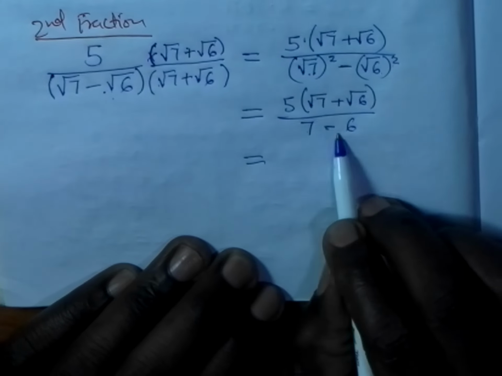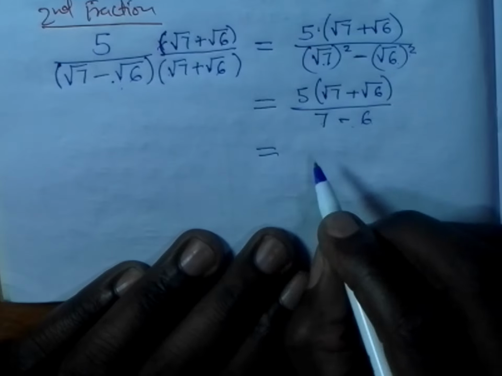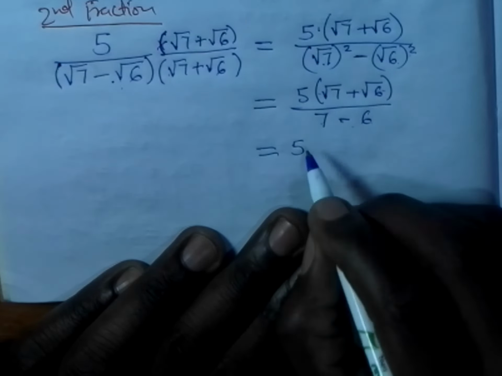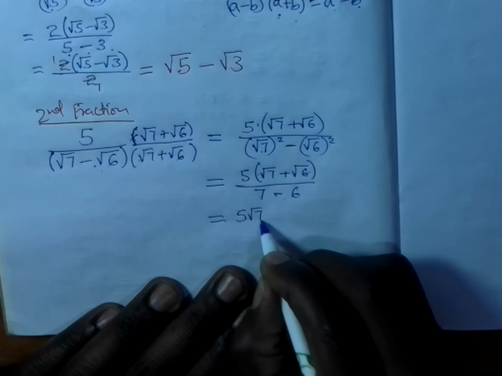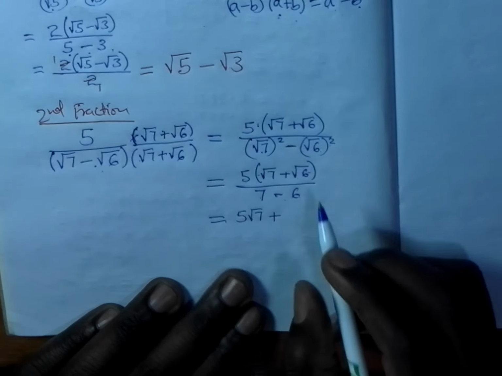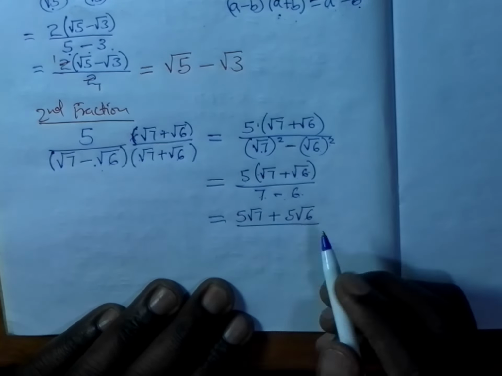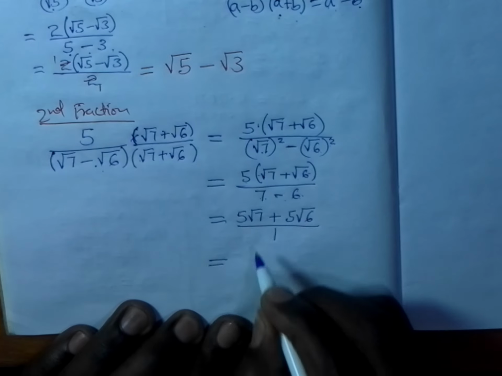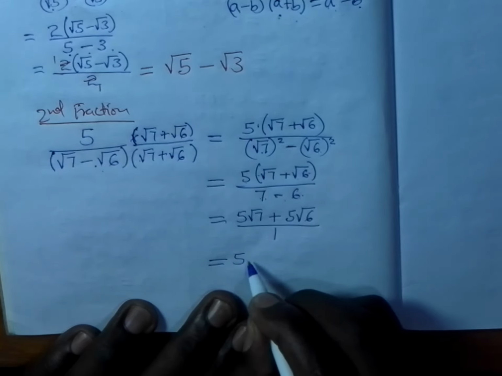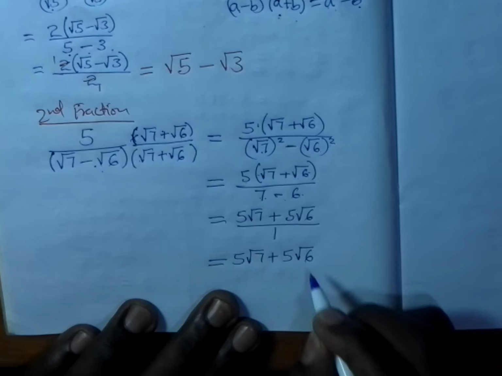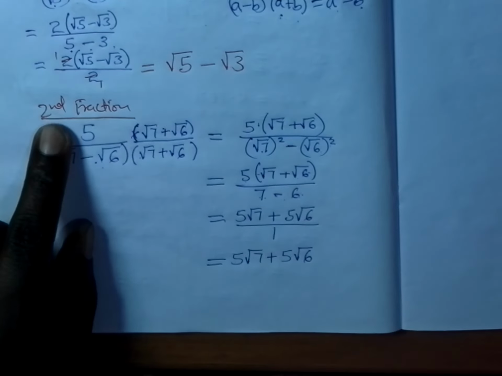And therefore 7 minus 6 is 1. So we end up getting 5. We can actually open the bracket, 5 root 7 plus 5 root 6 over 7 minus 6, which is 1. And therefore we have 5 root 7 plus 5 root 6. That's for the second fraction.